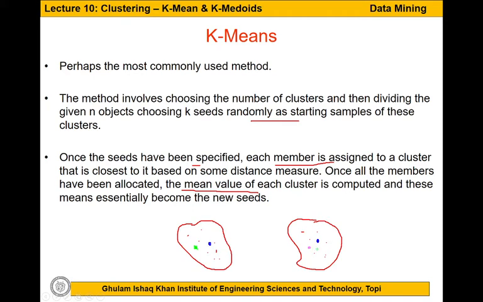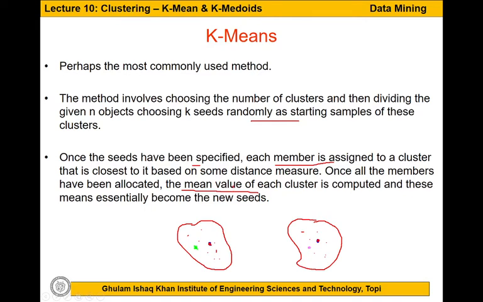Now once we have selected the new seeds, the previous seeds will be discarded, and these new seeds will be used to recompute the distance of all the points, and the allocation will be repeated, right? But maybe I've spoken too quickly.